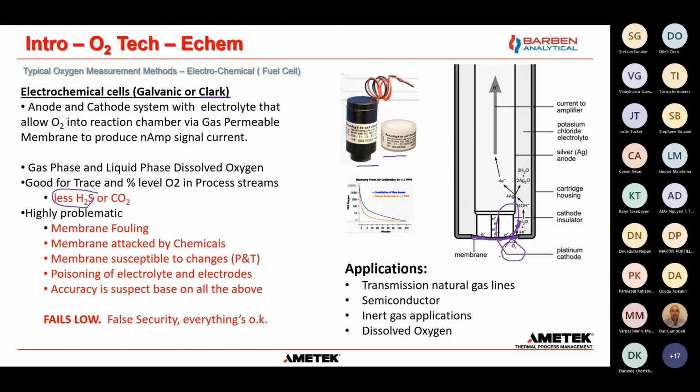As long as they don't have any H2S or CO2, because the H2S will directly attack the silver anode by making a silver sulfate as a precipitant. And then the CO2 will start to poison the electrolyte, turning the caustic electrolyte into an acidic electrolyte.